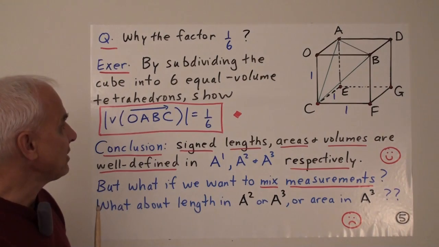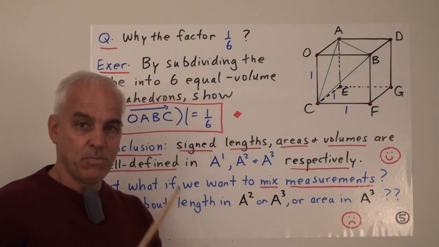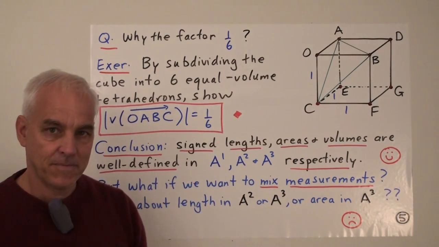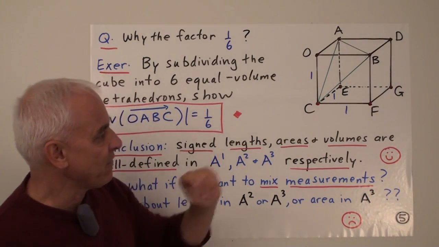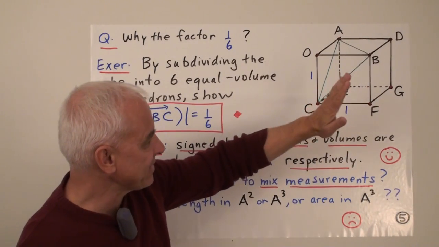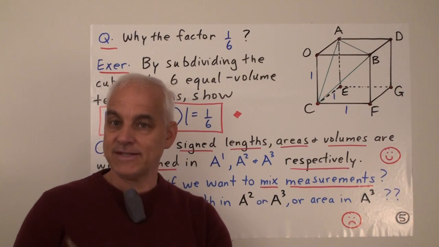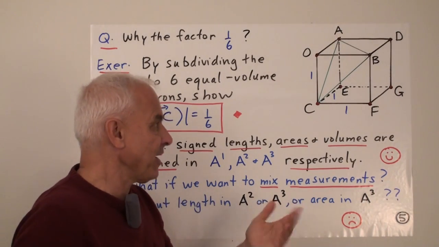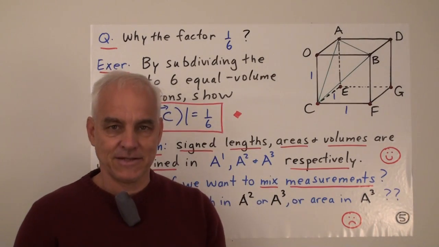And the claim is that the volume of this tetrahedron should be 1/6 the volume of the cube. In other words, it should be 1/6. And you can verify that for yourself by a little bit of further slicing of the cube. So see if you can figure out how to slice the cube into 6 tetrahedral pieces which all have the same volume. Once you do that, then you can see, well, if they all have the same volume, then the volume of any one of them should be naturally 1/6.